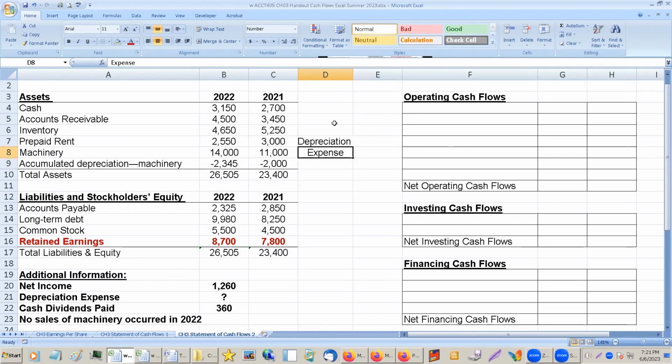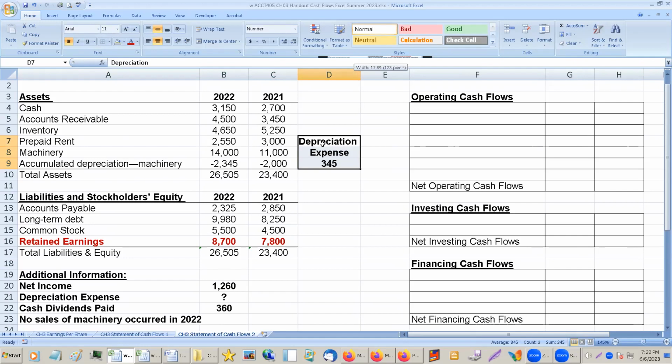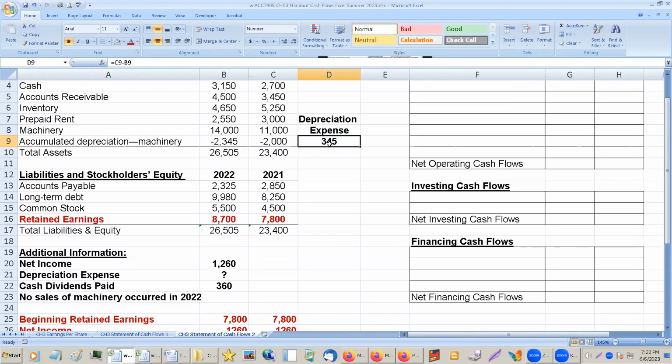We now have 300, and this year we have $345 more of depreciation. I think the book actually gives you the depreciation expense. Maybe they don't. I'll have to look at it. But anyway, that's how you get it. You look at the accumulated depreciation.